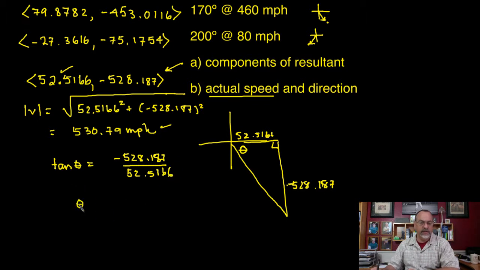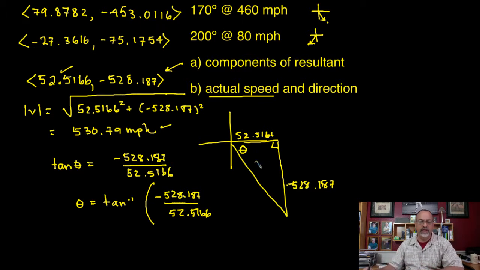And then solving for the angle, we again would use the inverse tangent of negative 528.187 over 52.5166. That way I know I'm getting this angle here and I don't have to worry about the inverse function problems with cosine or with sine if the angle is in another quadrant.